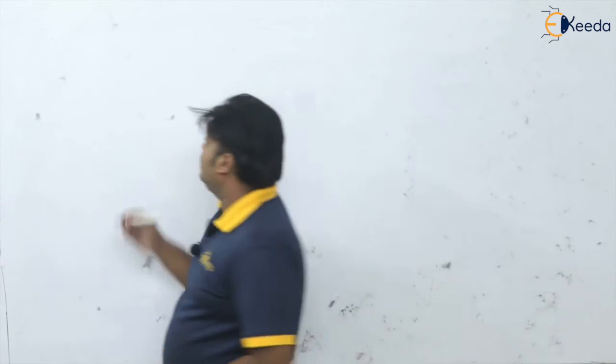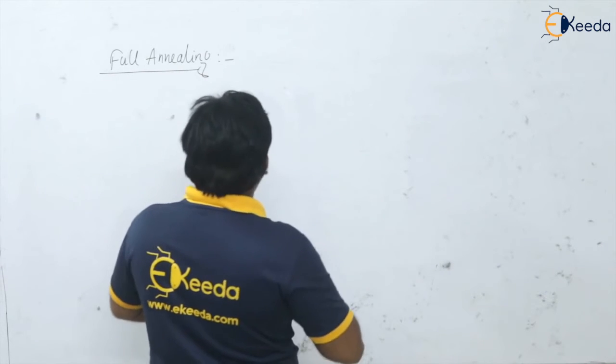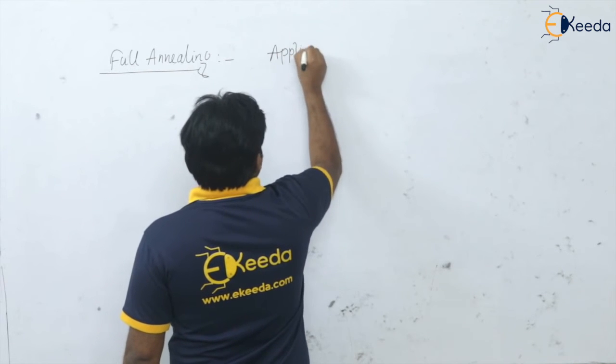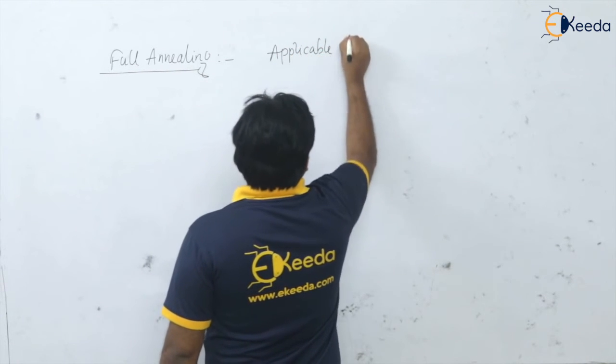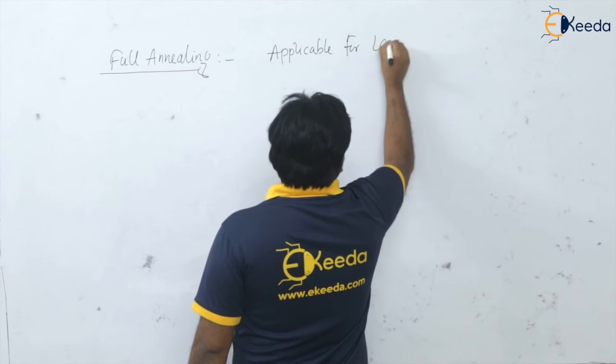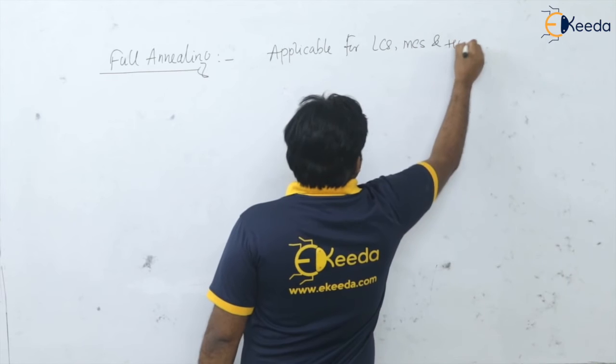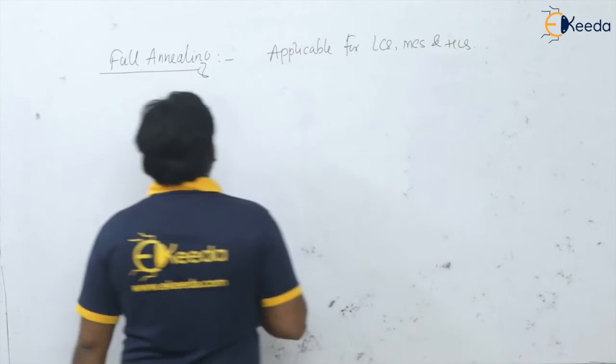Dear students, the next annealing process that we are going to see is full annealing. Basically this full annealing is applicable for all the steels, for low carbon steels, medium carbon steels and high carbon steels.